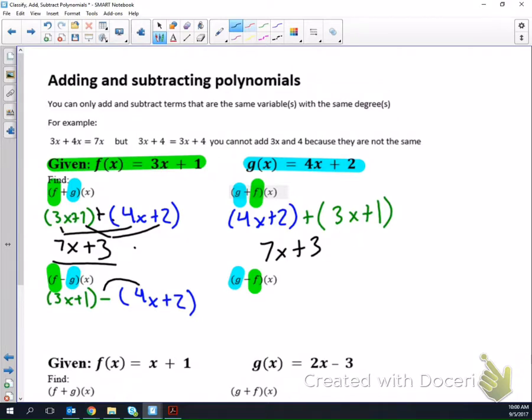That means the 4x and it means the 2. So as I combine like terms, I need to keep that in mind. I am doing my 3x minus 4x. 3x minus 4x will be negative x. Okay, and now I am doing my 1 minus a positive 2. 1 minus positive 2, negative 1.